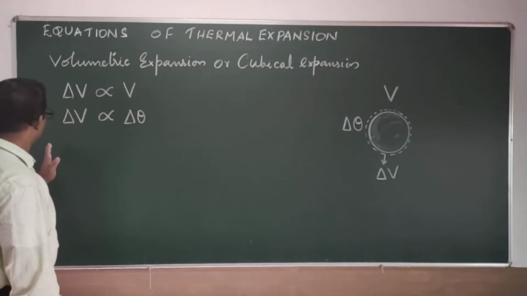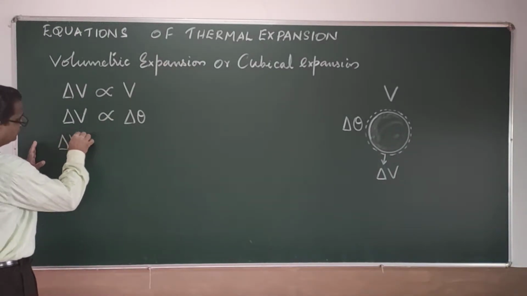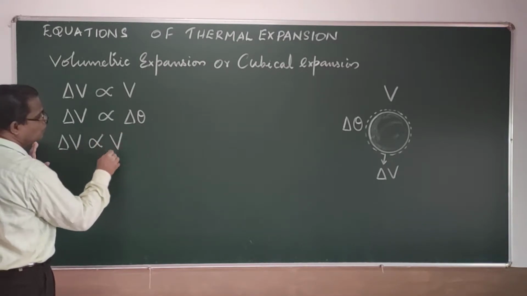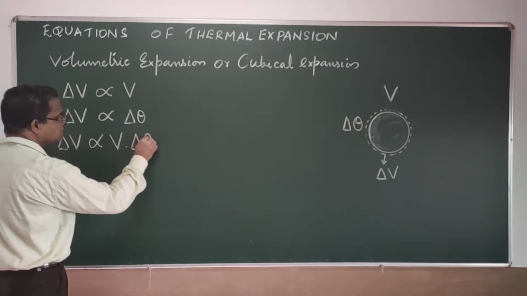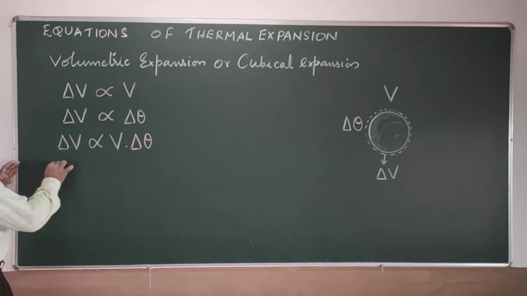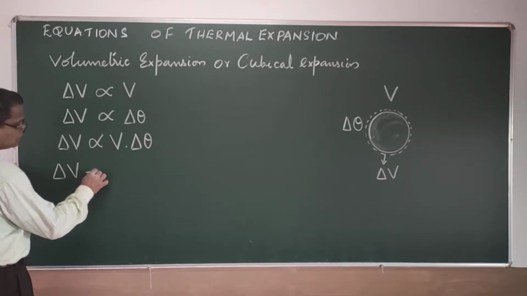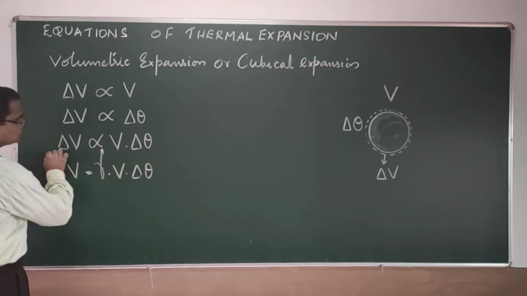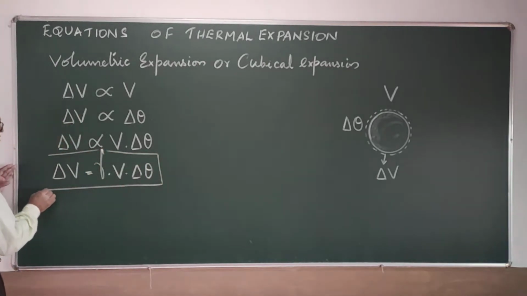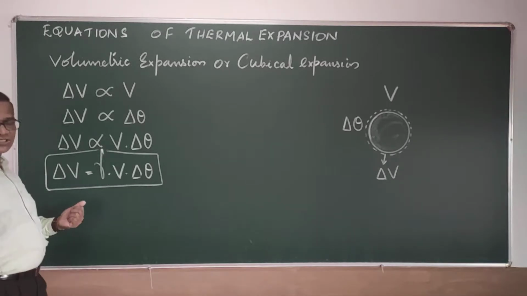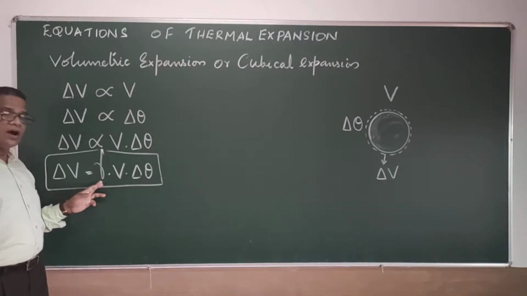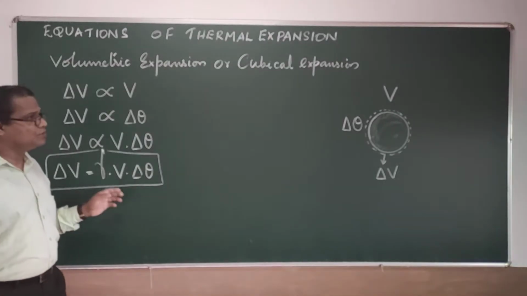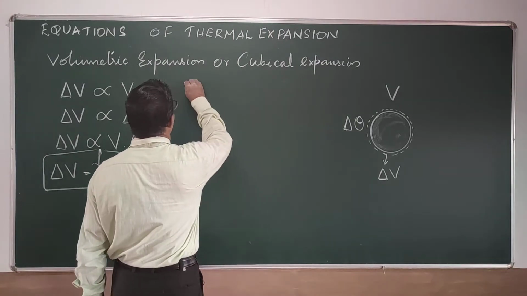We have therefore that increase in volume is directly proportional to volume into increase in temperature. So delta V is equal to gamma into V into delta theta. This is the equation for volume expansion, where gamma is called the coefficient of volumetric expansion or cubical expansion.